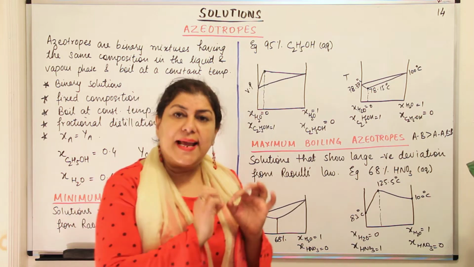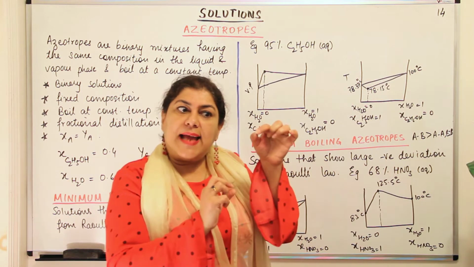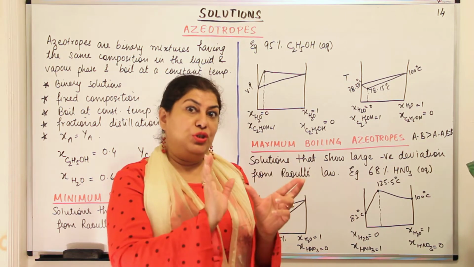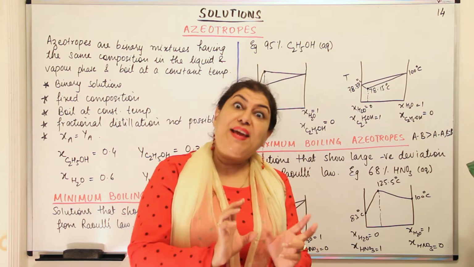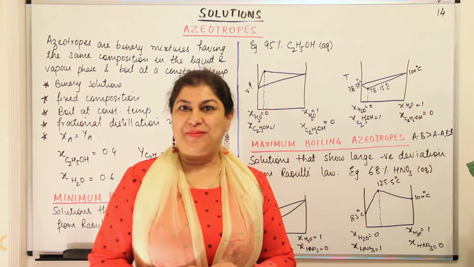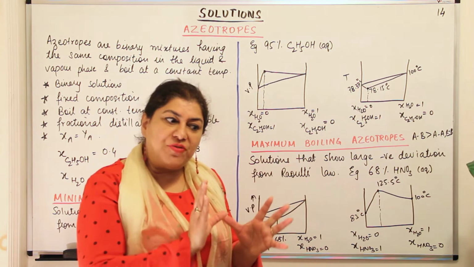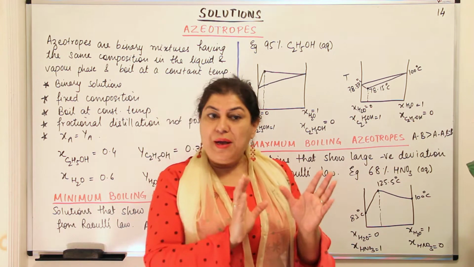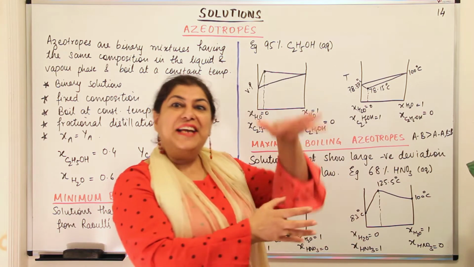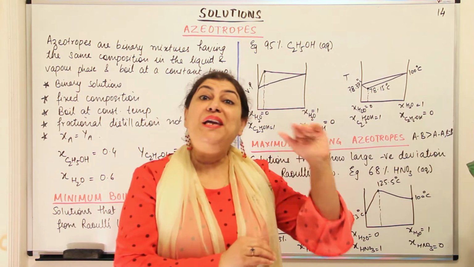But what happens at this particular concentration is that the mole fractions of both the components become fixed in both the liquid state and the vapor state. At this point, the concentrations of the components in the liquid state and in the vapor state become equal.